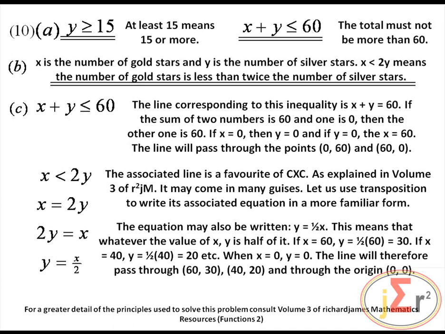So, if X is equal to 60, Y is equal to a half of 60, which is equal to 30. If X is equal to 40, Y is equal to a half of 40, which is equal to 20. When X is equal to 0, a half of 0 is 0. The line will therefore pass through 60, 30, 40, 20, and also through the origin, 0, 0.